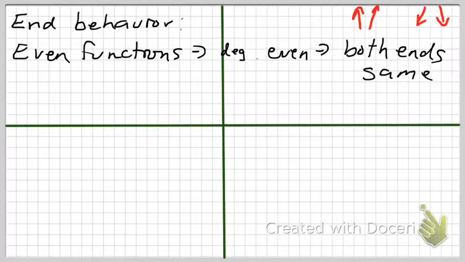Either both up or both down. A very simple example of this that you would understand is a parabola. A parabola is a quadratic, which means it is an even degree. And you know what a parabola looks like. Both arrows are going up or both arrows are going down.